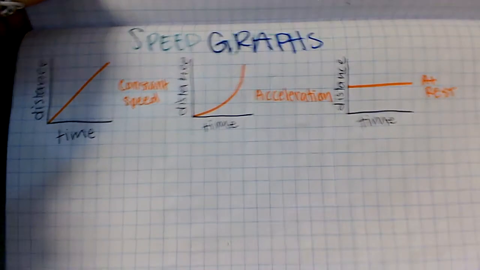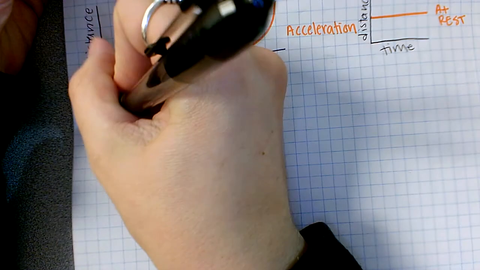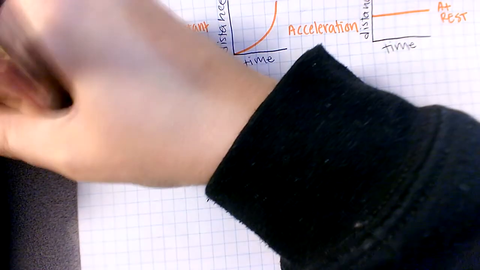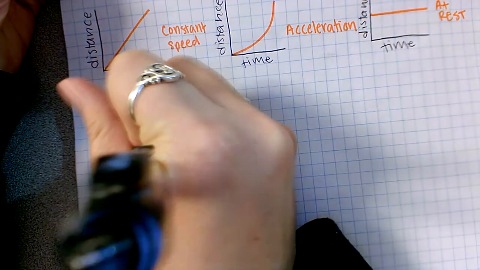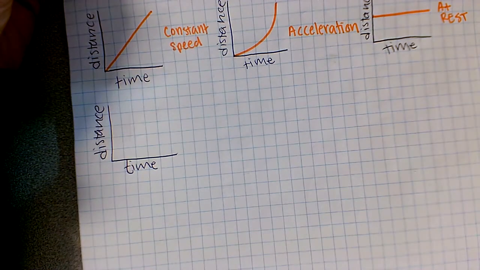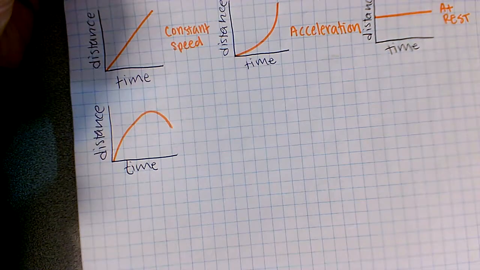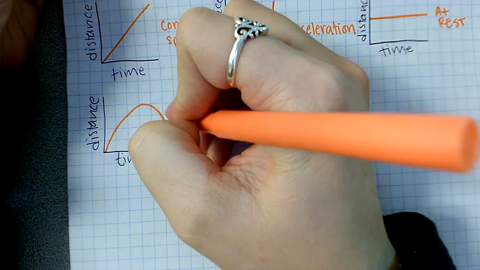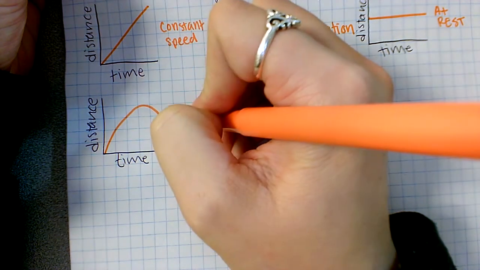Okay? Alright, the next one. We're still doing distance over time. Alright, but this one is like this, kind of like a frowny face. Alright, so this one would show, you guessed it, deceleration.